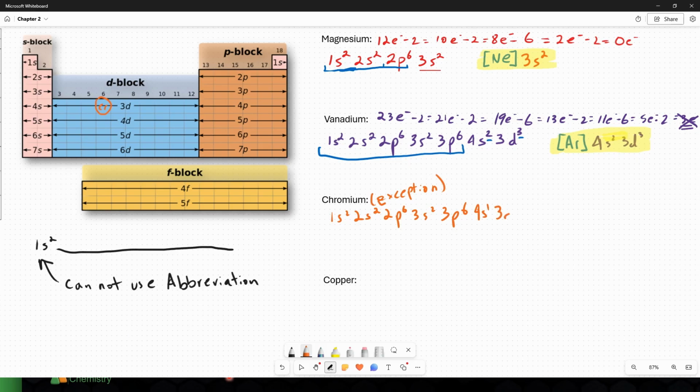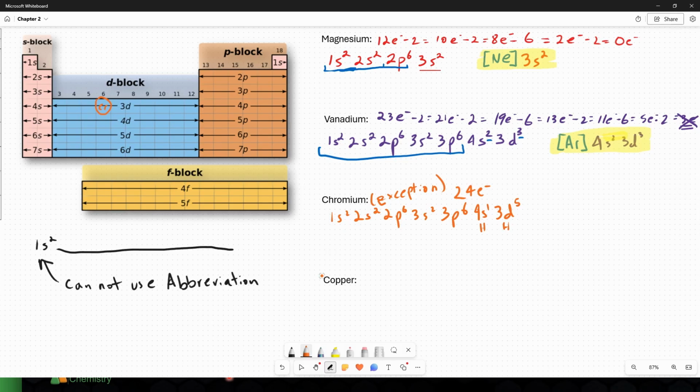And then when we do 3d, we put 5 electrons instead of 4, because we still need those 24 electrons. When we put the 3d5, now we have a half-filled and a half-filled sublevel, instead of with the wrong configuration having a fully filled s sublevel and a partially filled d sublevel.